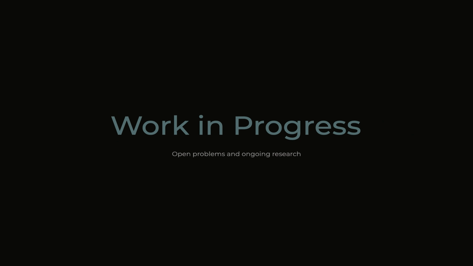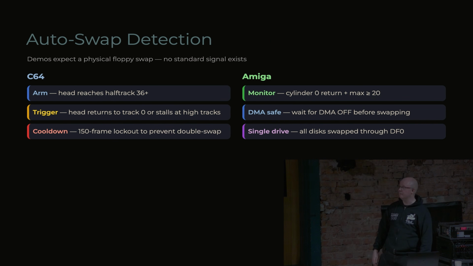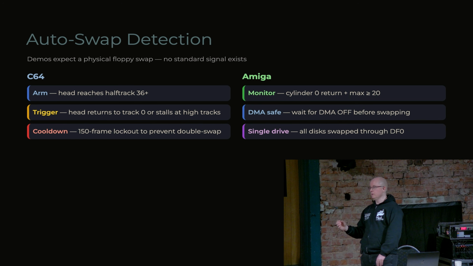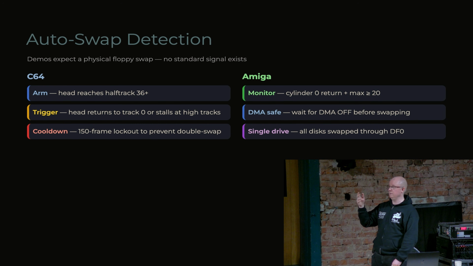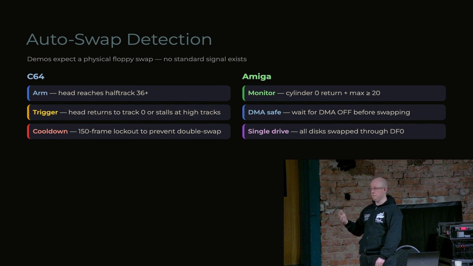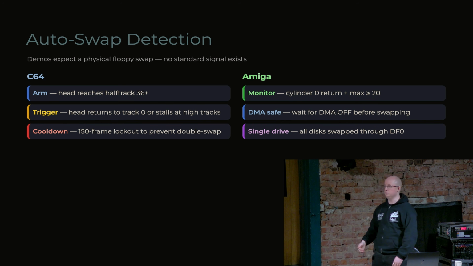Something I'm working on as well, which is a bit of a work in progress, is auto-swap detection. If you have a multi-disk demo, I want it so you don't actually need to swap disks at all. I tried a bunch of various ways to implement this for C64 and Amiga to begin with, because lots of multi-disk demos are on those two platforms.